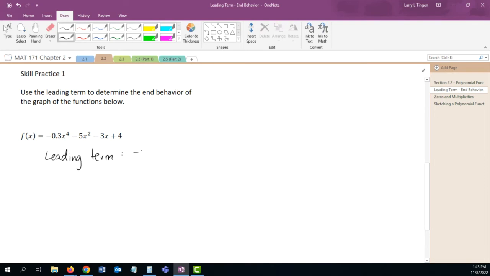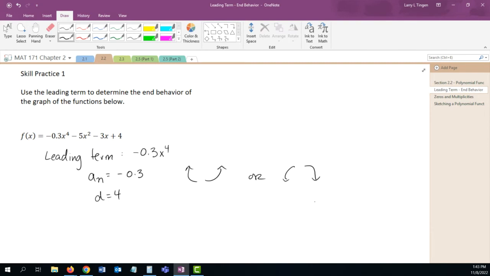Leading term here, negative 0.3x to the 4th. Leading coefficient, negative 0.3. The degree is 4. So that means I'm either going to be like this or like this, right? Either both are up or both are down. What determines which one it is is the sign of the leading coefficient.